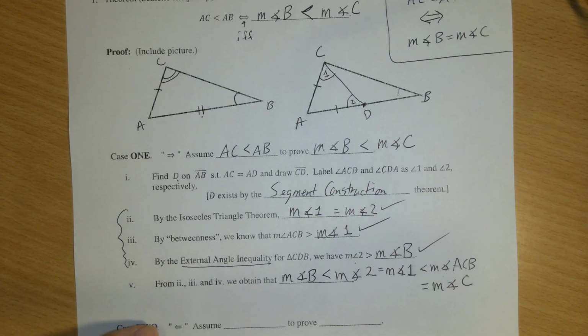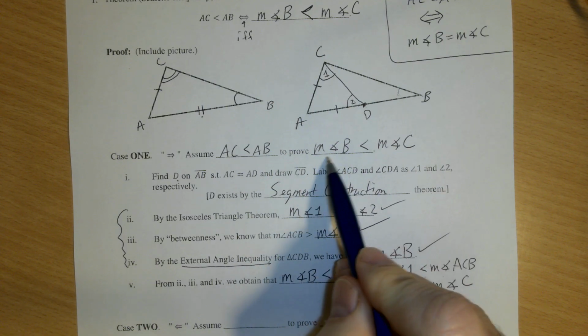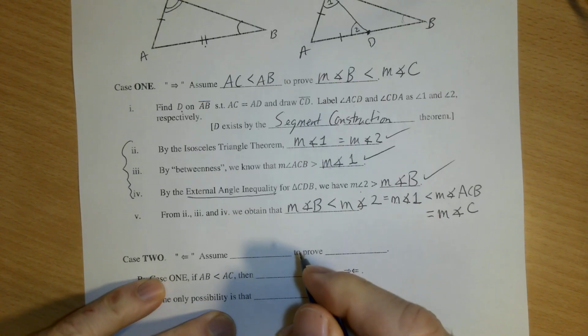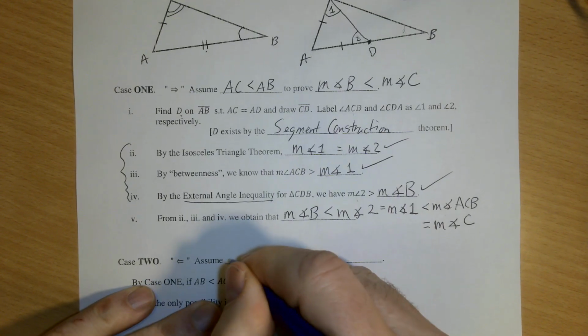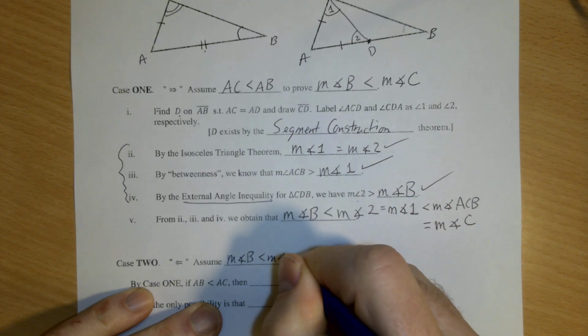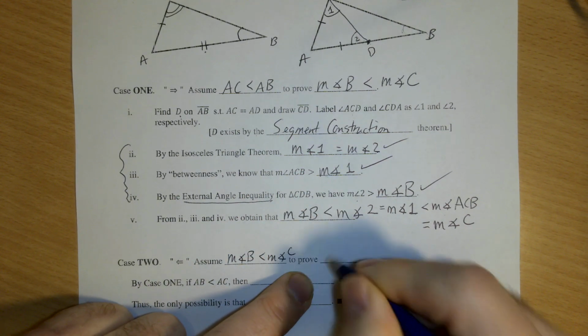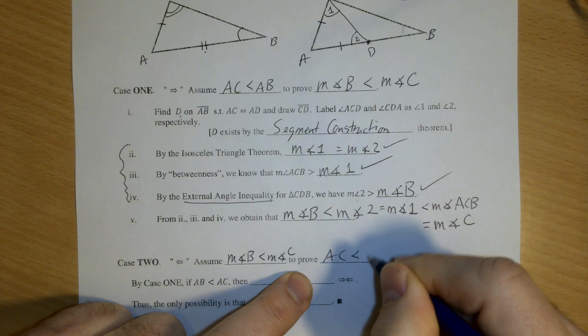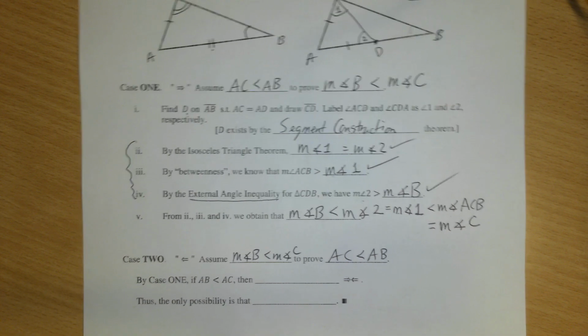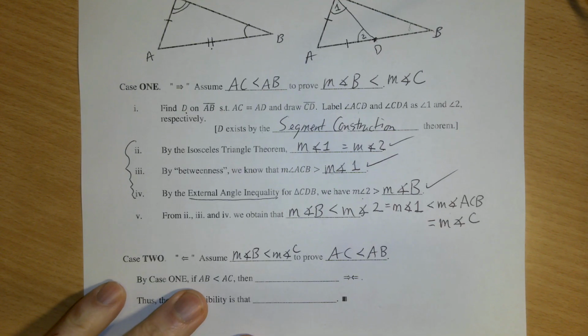Case 2 is the other direction. We're going to assume this is true to prove this is true. So assume that the measure of angle B is less than the measure of angle C to prove that AC is less than AB. Well, we're really just going to use case 1.